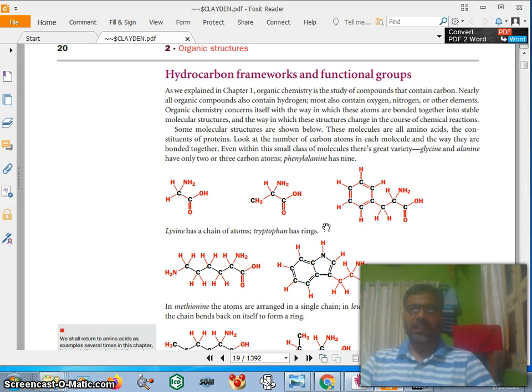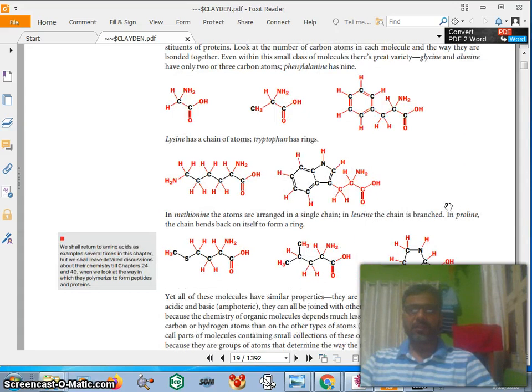Phenylalanine has 9. So look at this molecule, 2 carbon. This molecule contains 3 carbon and this molecule contains 9 carbon. So lysine has a chain of atoms, tryptophan has a ring. This is the chain and tryptophan has one ring. Now you see 1, 2, 3, 4, 5 carbon, 6 carbon, how it is arranged.